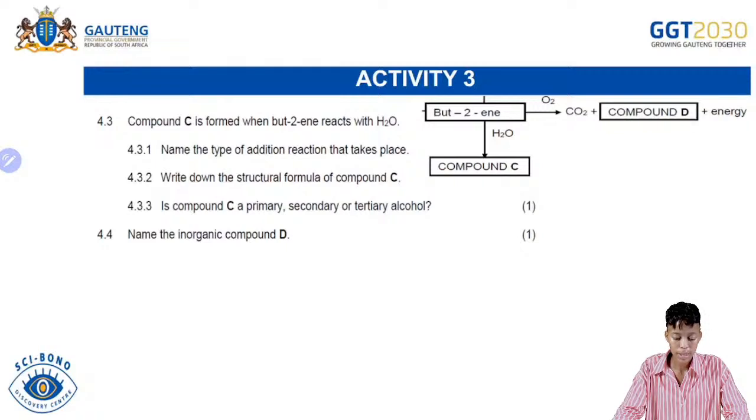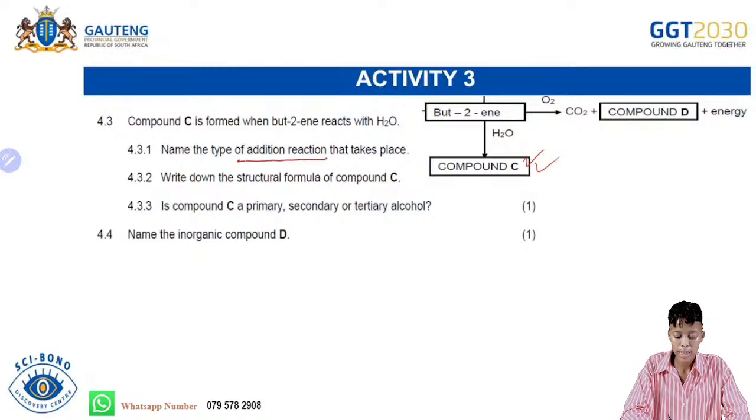Then it says compound C is formed when but-2-ene. So where's our compound C? This is our compound C. It is formed when but-2-ene reacts with what? With H2O. It says name the type of addition reaction that takes place. So already on this one, they told you that it is an addition reaction. So even if you use the USA and the triple S, in this case you cannot use that, because they already told you that it is an addition reaction.